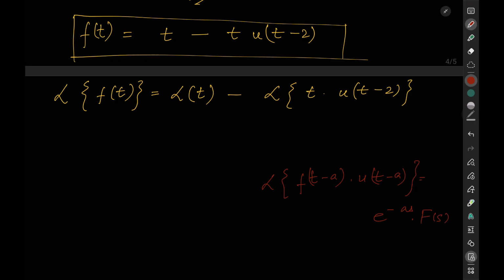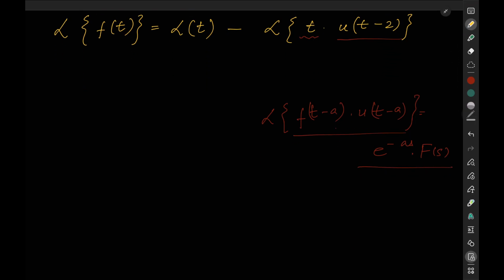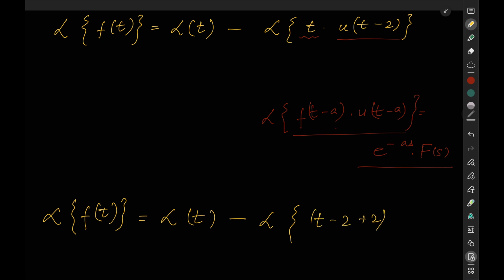In order to get this formula, we have to represent the function in this form, that is u(t minus a) into f(t minus a). Here we have u(t minus 2), so we have to represent t as t minus 2. In order to do that, we will write this function as the Laplace of (t minus 2 plus 2) u(t minus 2).